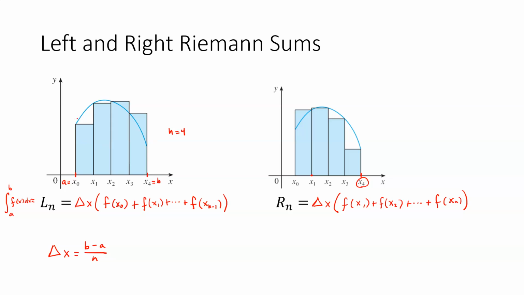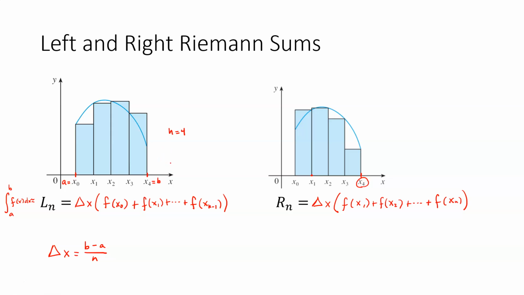Okay, so that gives us an approximation under the curve. As you can kind of visualize here with these pictures, it's not going to be an exact area, but it'll be a reasonable approximation. We see that because there are these gaps in between the curve and the rectangles, there is some error involved in this approximation.